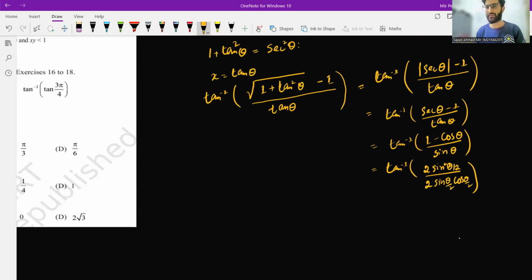So what I actually did here, I wrote sec of theta as 1 by cos of theta, then minus 1, this becomes 1 minus cos of theta divided by cos of theta, and I'm changing this tan of theta to sine of theta by cos theta, so the things get cancelled here. So this is what we get finally.